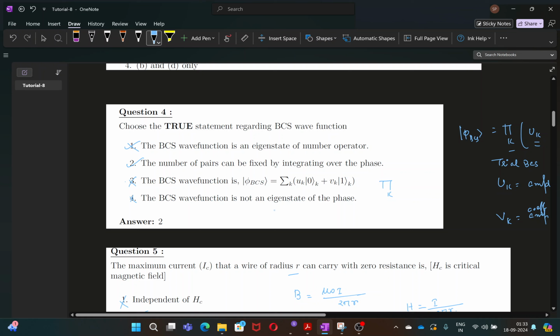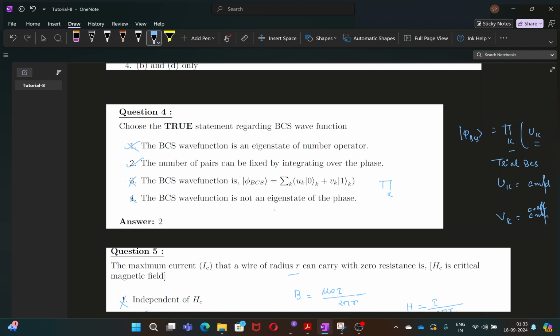And obviously BCS theory gives you the idea that the superconducting wave function is a single wave function for all the Cooper pairs in the superconductor, because they are coherent and behave in a coherent manner.